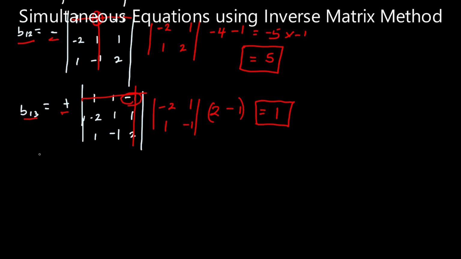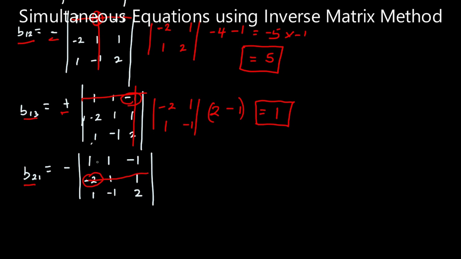We move ahead to the element in B21 now. So the sign for B21 will be a negative. So we have minus. We have our matrix 1, 1, minus 1, minus 2, 1, 1, 1, minus 1, 2. We close down the row and the column that has the element in 2, 1, which is this minus 2.